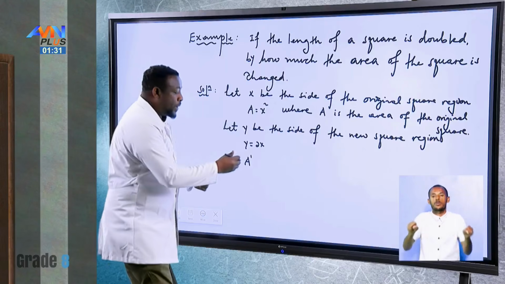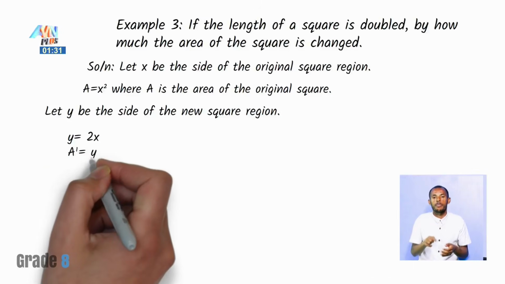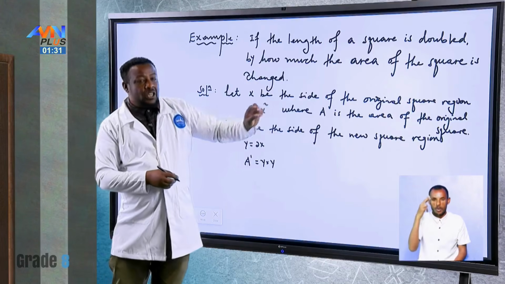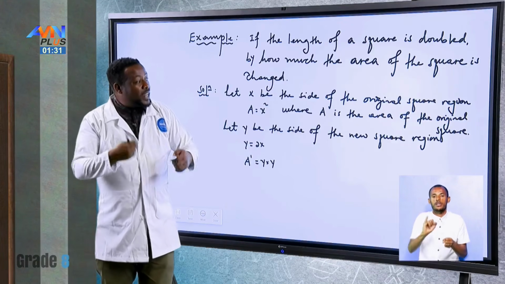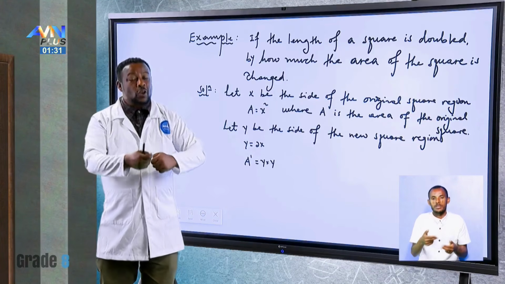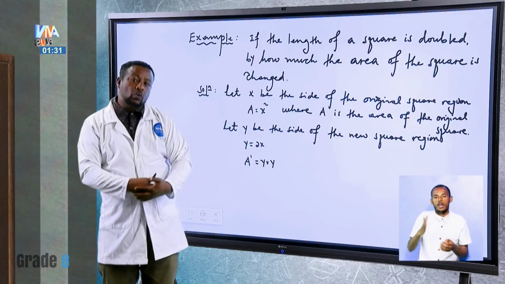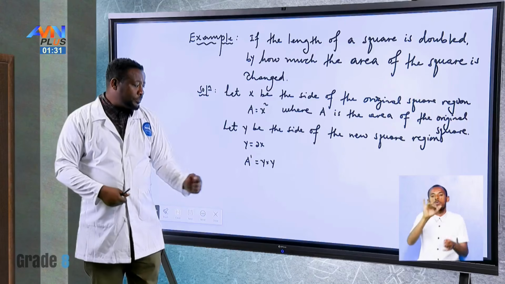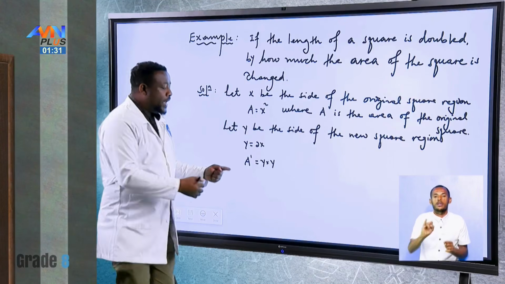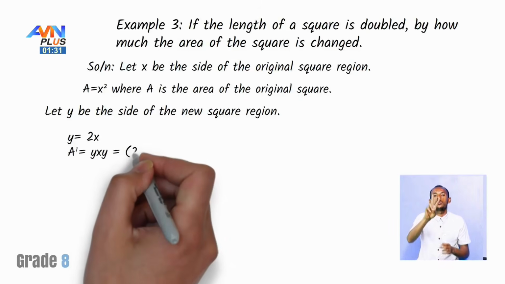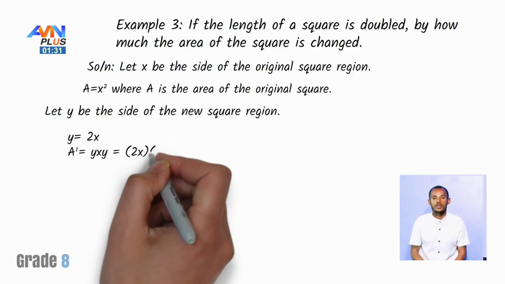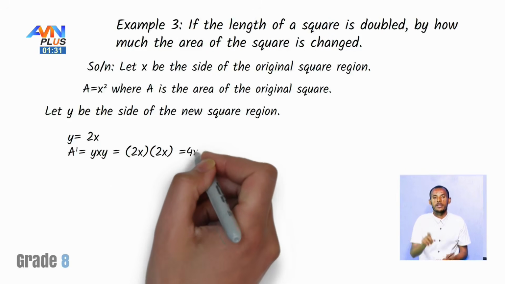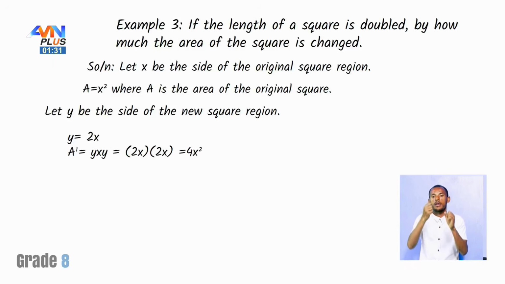So A prime becomes y times y, because the area of the new square region is the product of the sides of that square. So it becomes y times y, but y is 2 times x. So in place of y, substitute 2 times x. This product becomes 4 times x squared.